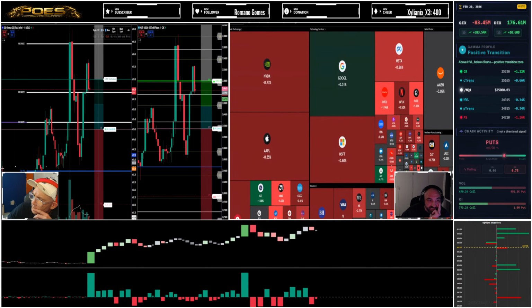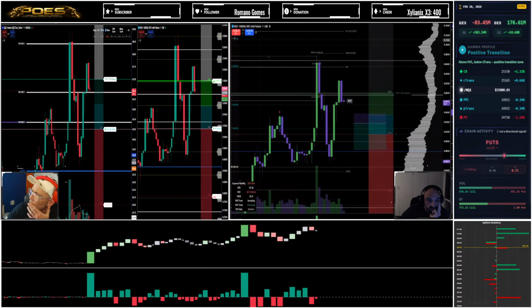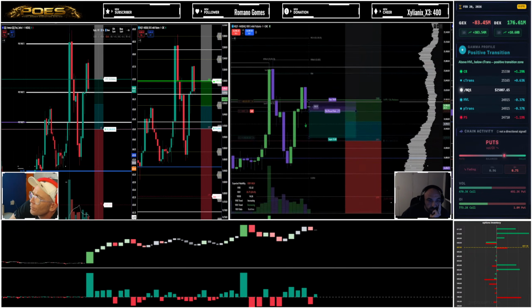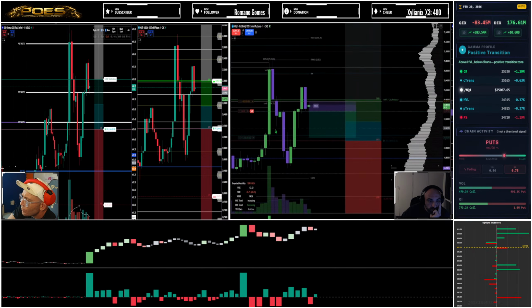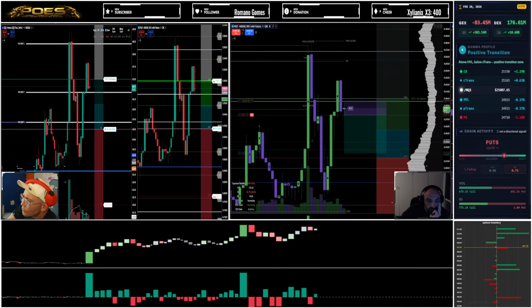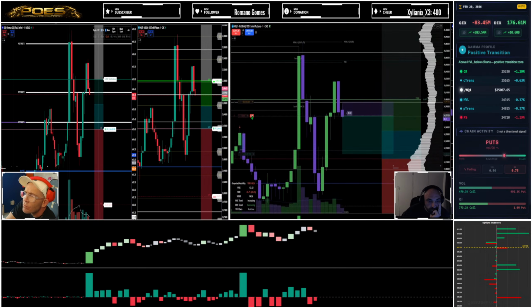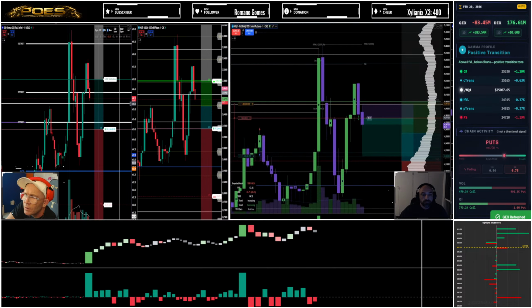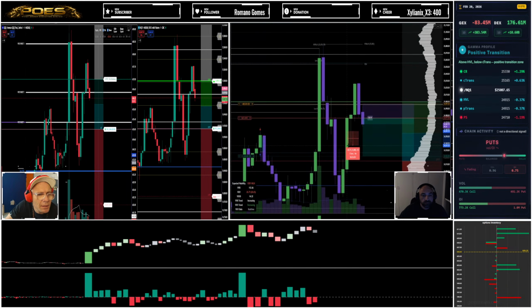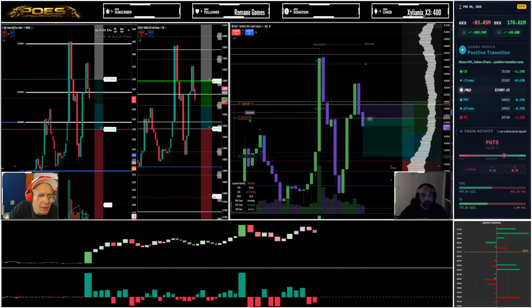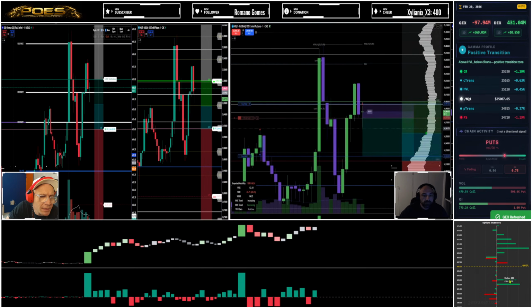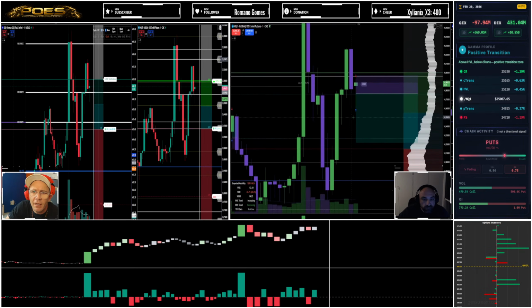Overall market's very red. Can you trust these sells? Didn't get any follow through, MaxCB. Starting to stack puts higher. 603, still 610.